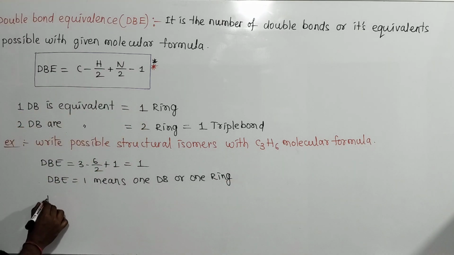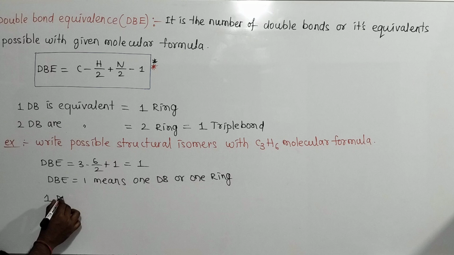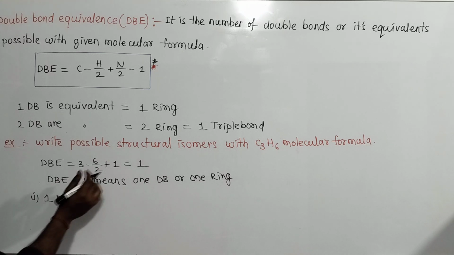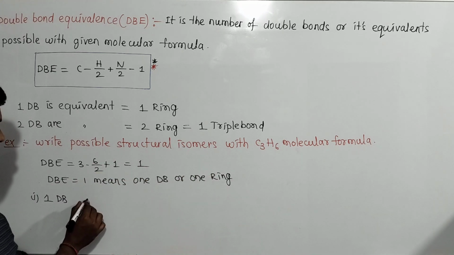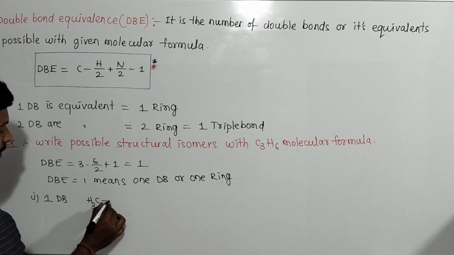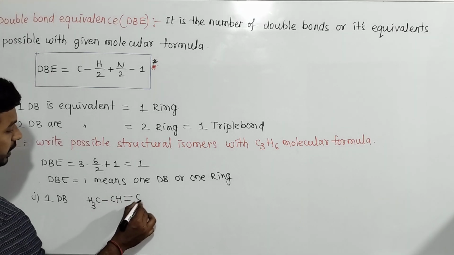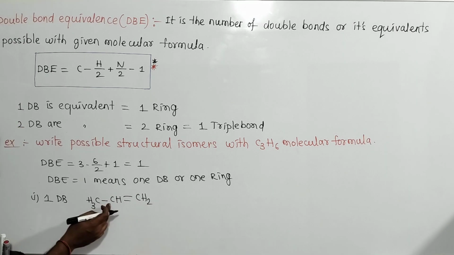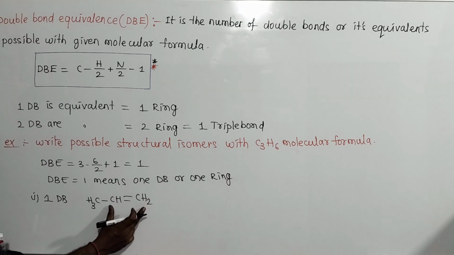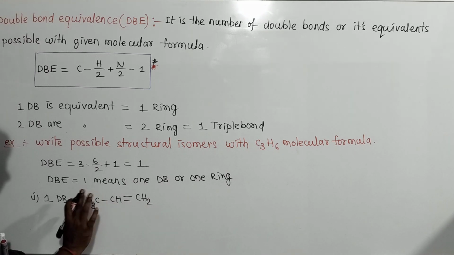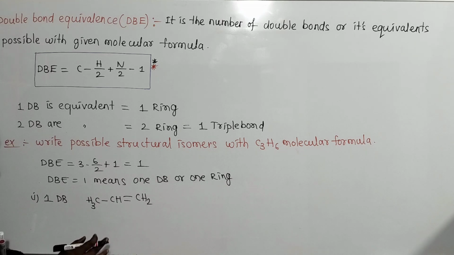With 1 double bond, how many possible structures can I write? I can write only one double bond structure. I cannot change the position of the double bond. If the double bond is put here, then also it becomes propene only. Here also the double bond, nothing different, same. Okay, so only one structure.